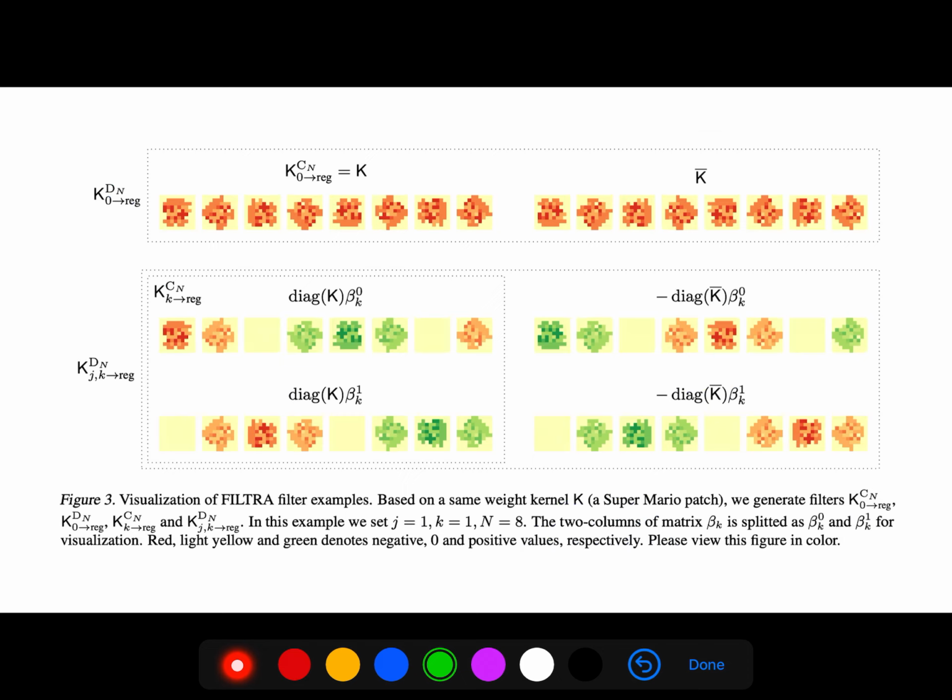So you see the visualization of FILTRA filter examples. Based on the same weight kernel K, we generate filters.